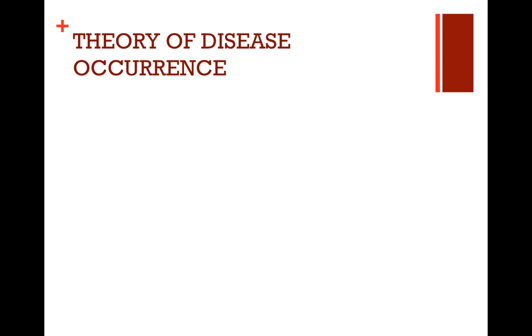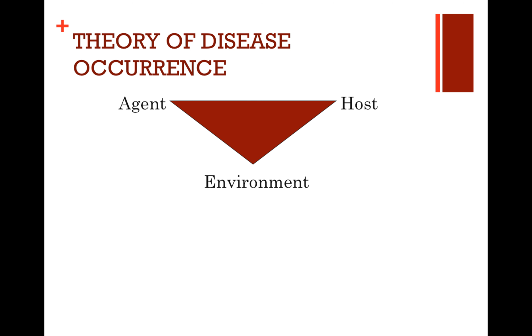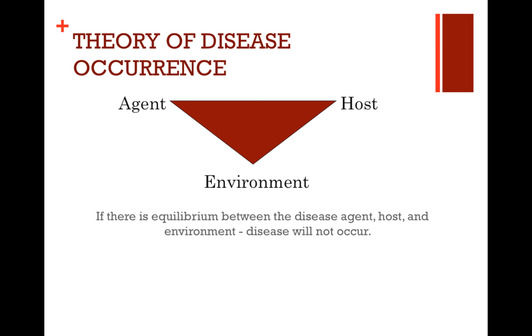So the theory of disease occurrence says that if the agent, in this case, people, humans, that's what we're studying in public health, the disease agent, the host, and the environment are all in balance, then disease won't occur. If you have high exposure to disease agents, so high exposure of virus or bacteria or certain fungus, that's going to throw off that equilibrium and you're more likely to get sick.